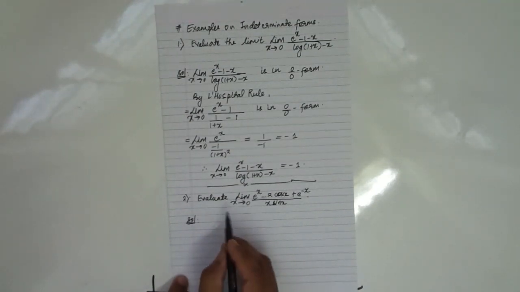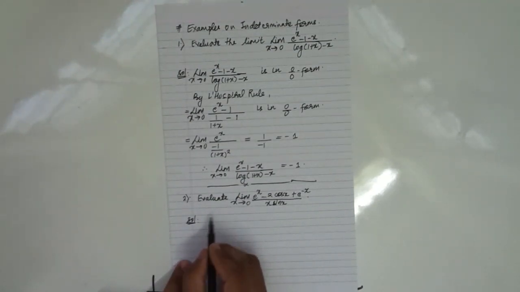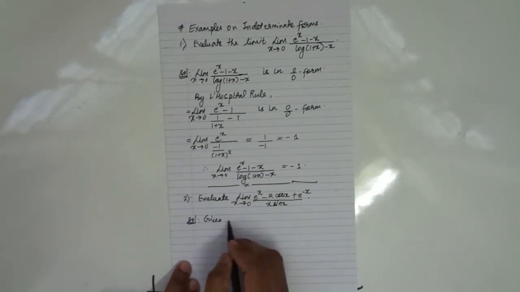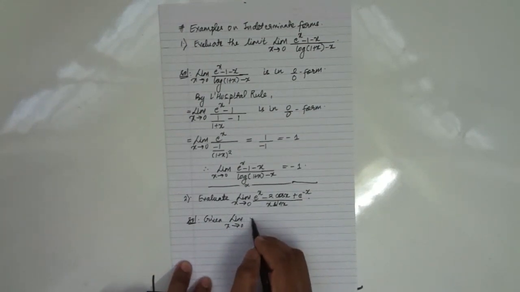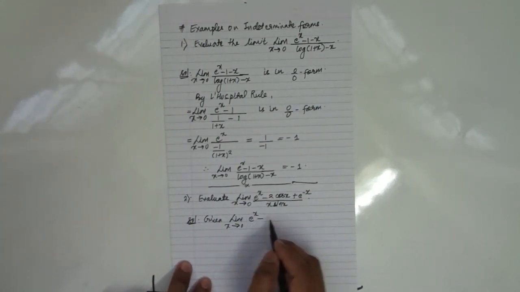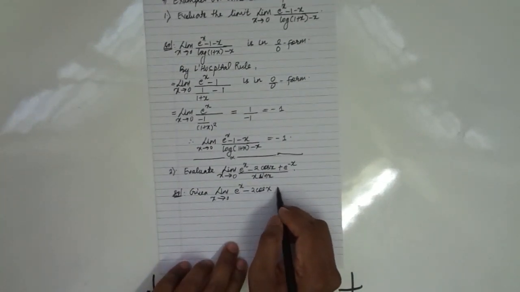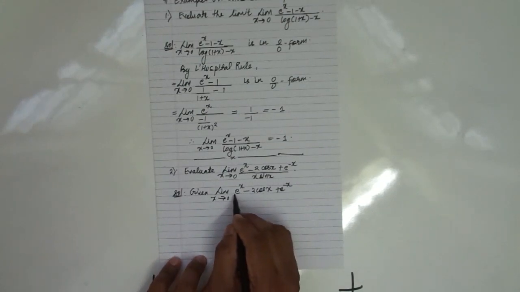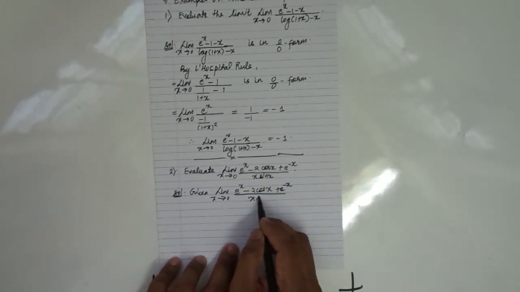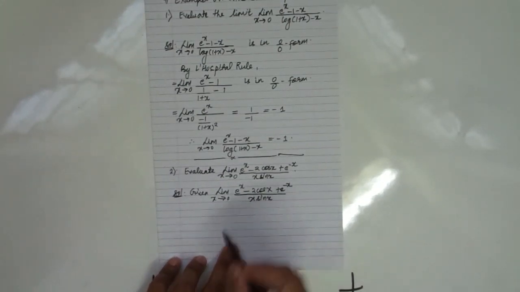Solution. The given limit x tends to 0 e raised to x minus 2 times cos x plus e raised to minus x upon x sin x.